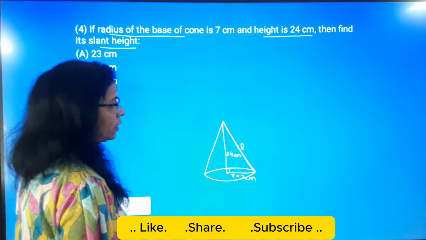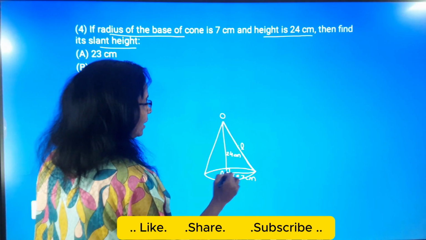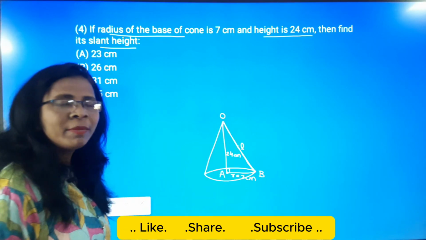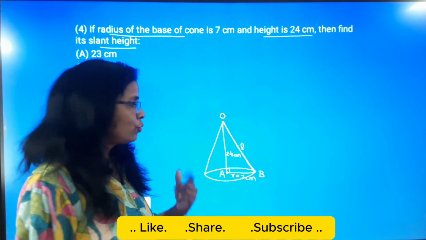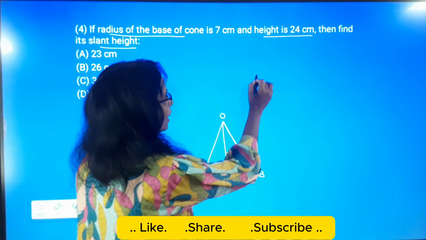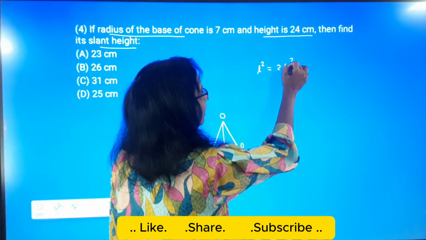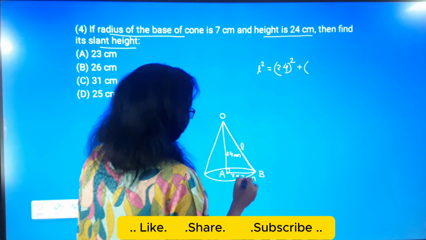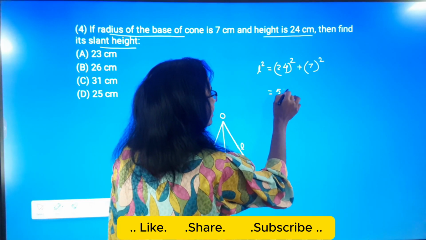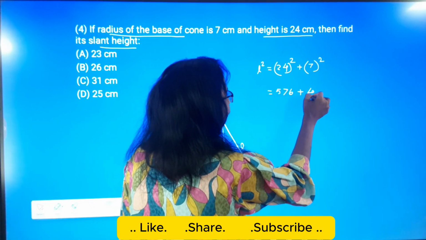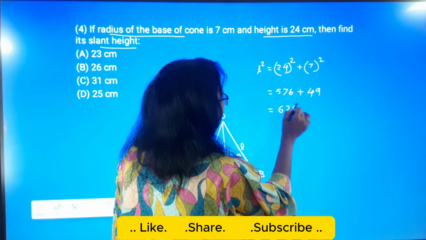Suppose I name it OAB, then OAB becomes a right angle triangle, students. We can use the Pythagoras theorem. By the Pythagoras theorem, L square is equal to 24 square plus 7 square, that is 576 plus 49, then that is 625.